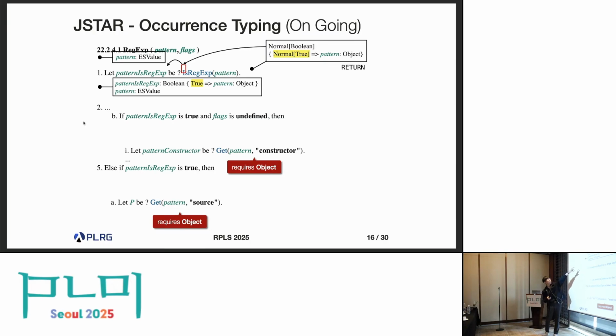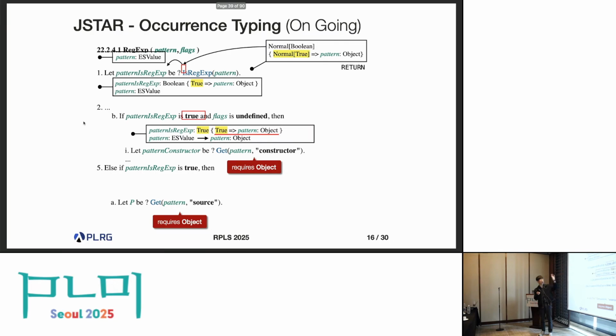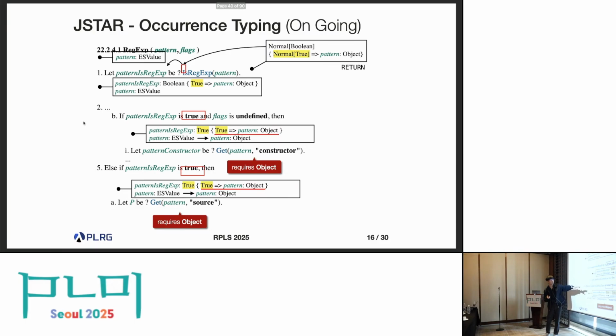So here, the IsRegExp result is Boolean type, but if the value is true, then we know that the pattern is always an object. If we apply this here, then at this point, we know that the pattern is always object type. Then we can remove these false alarms. So this is ongoing work to reduce the false alarms in the type analysis for the specification.